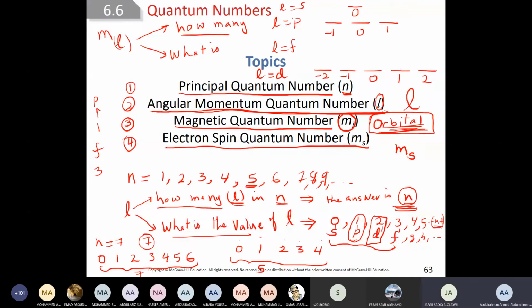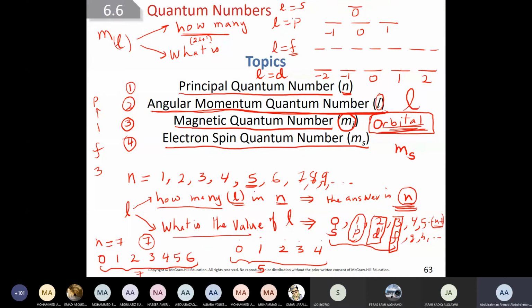7. Don't forget 2L plus 1. F is 3, so how many solutions do we have? 7: 1, 2, 3, 4, 5, 6, 7.